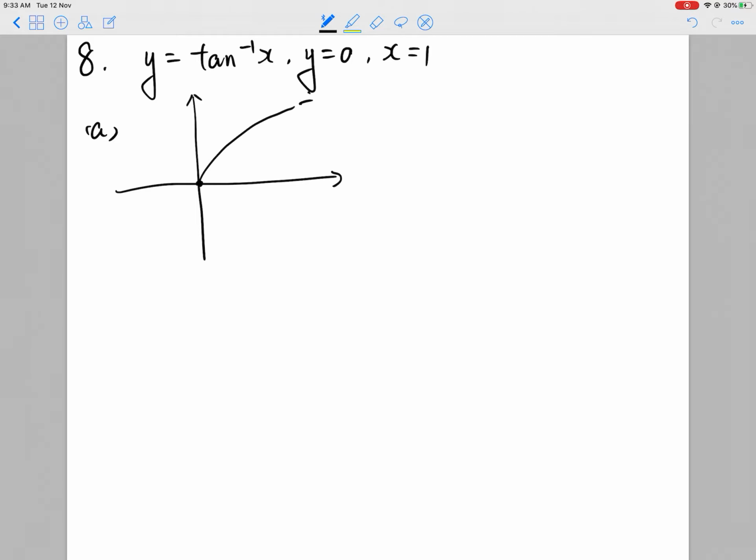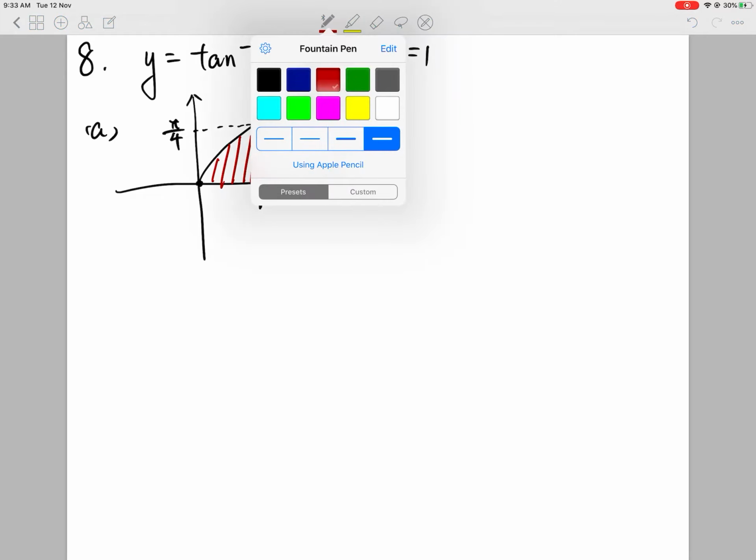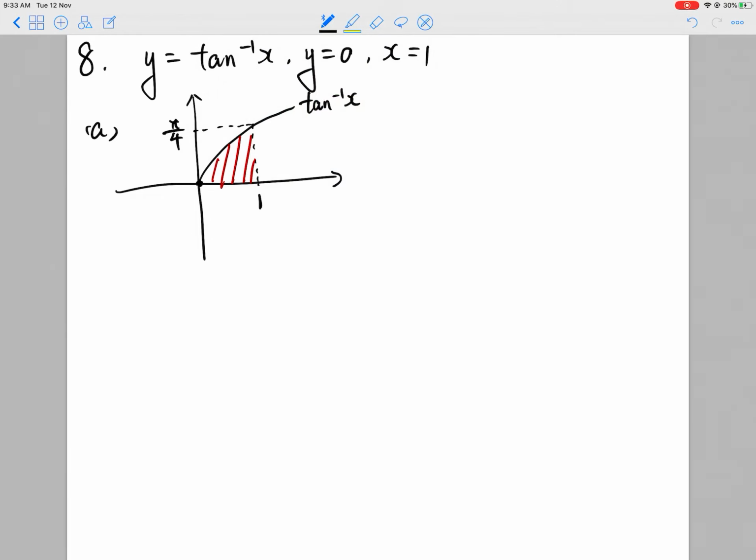Okay, this is tangent inverse x. So x is 1. When x is 1, right, tangent pi over 4 is 1. Right? So this is a region. First, find the area of the region.